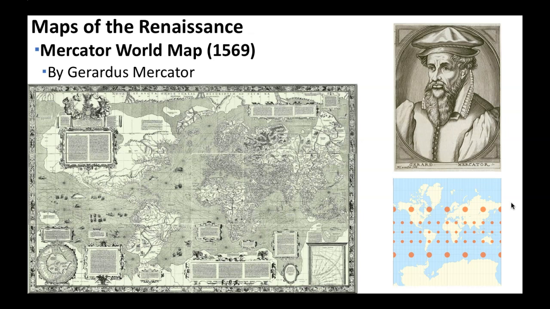So instead of having a globe, which is quite bulky to carry around, it would be more useful for sailors and navigators to have a flat map that they could just unroll and look at. So what Gerardus Mercator is going to do, he's going to revolutionize cartography through several applications.